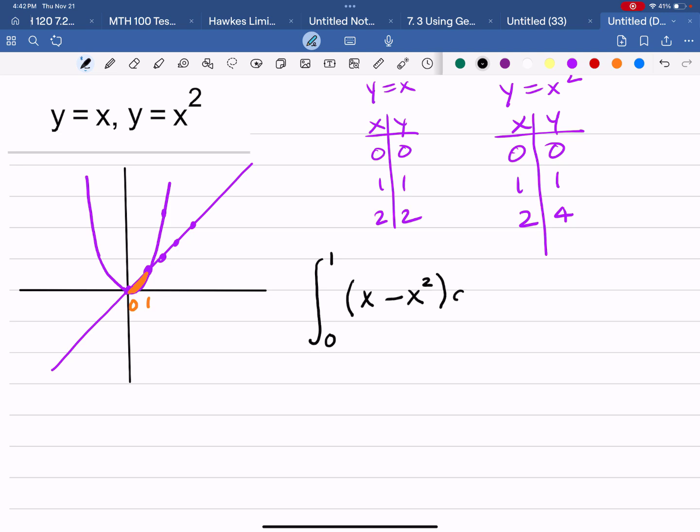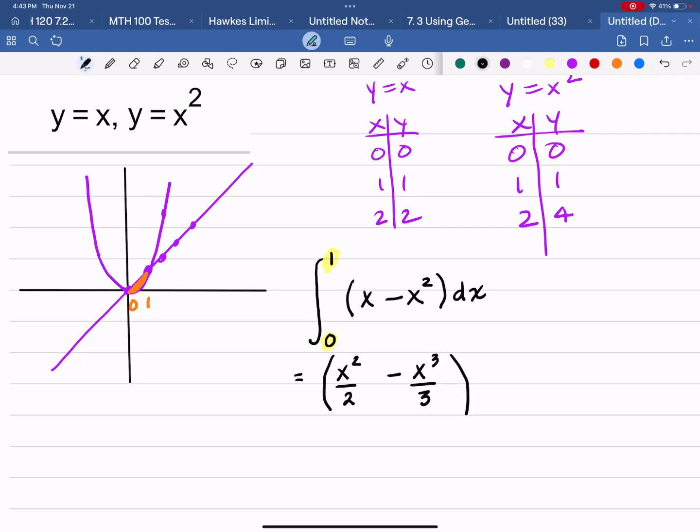And anytime you do integration, of course, you need that differential. So I'll take the integral. That's x squared over 2 minus x cubed over 3. I don't need plus c because I have the endpoints.